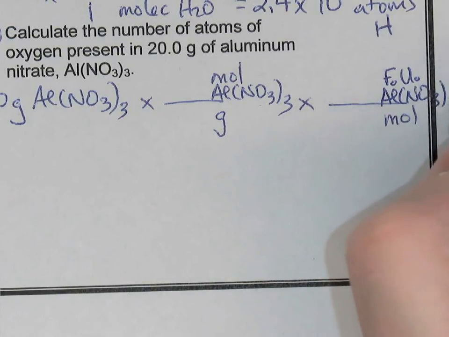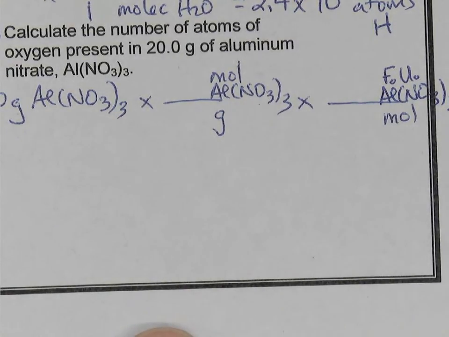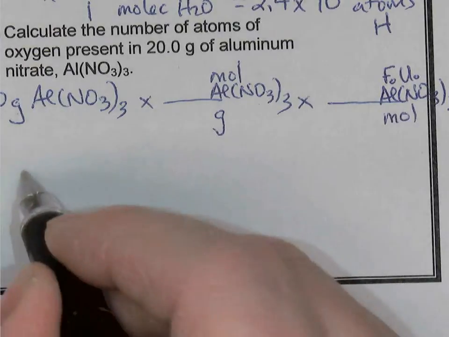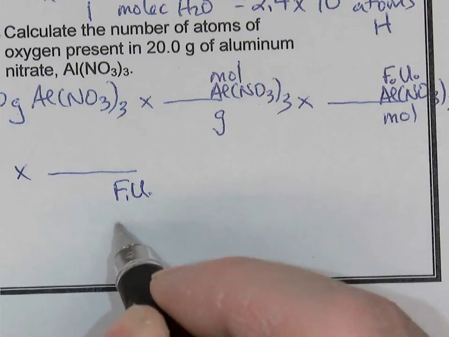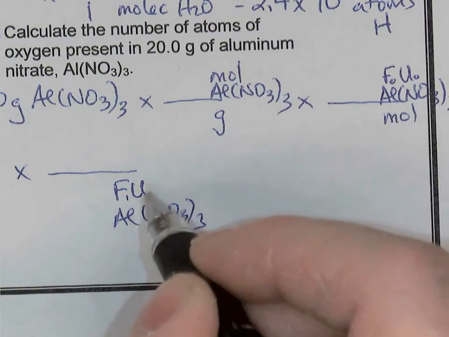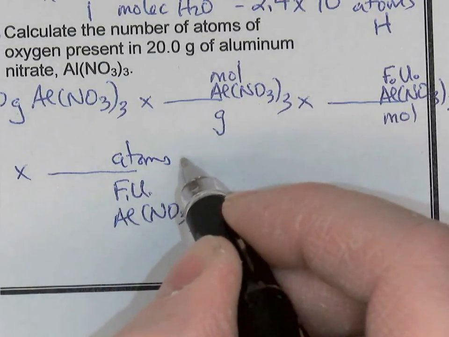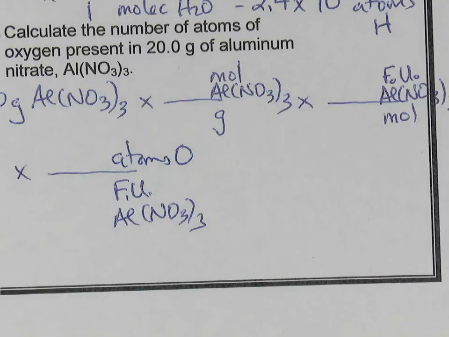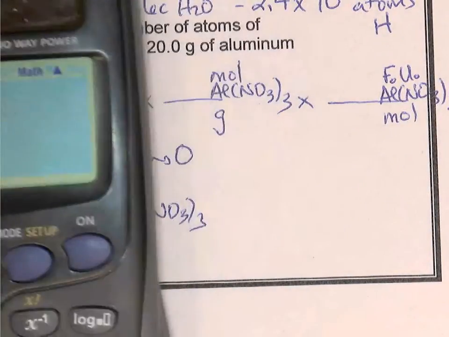A formula unit is like a molecule, but it's not really the same thing. Ionic compounds are not made of molecules. Finally, we'll get rid of the formula units of aluminum nitrate, and we'll get what we wanted, which was atoms of oxygen.